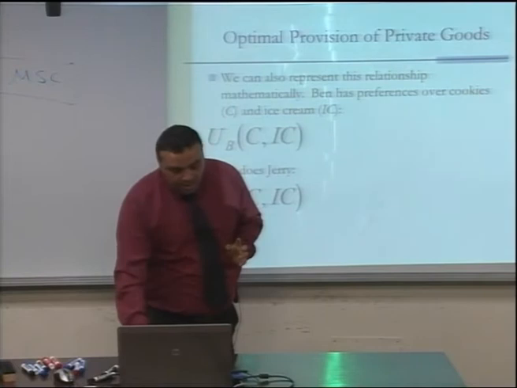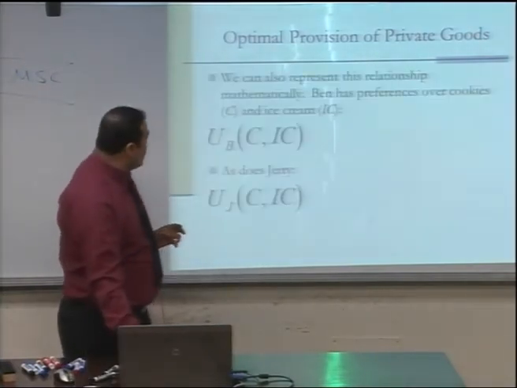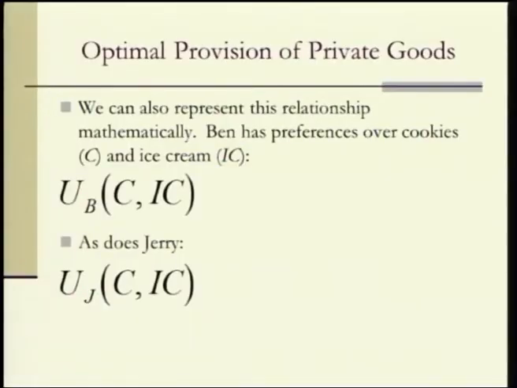Here we have 2 persons in the community. This is the total utility for Ben when he consumes cookies and ice cream. And here, as for Jerry, the total utility for Jerry when he consumes cookies and ice cream.